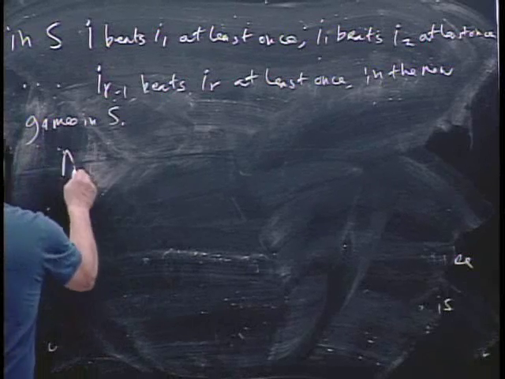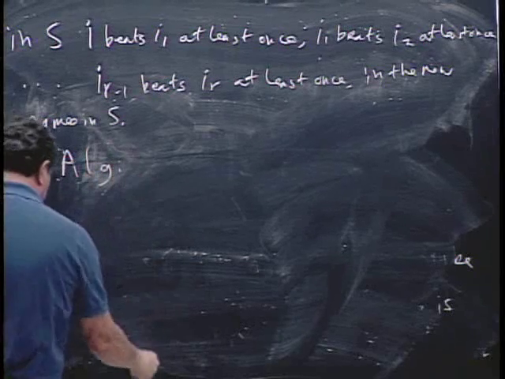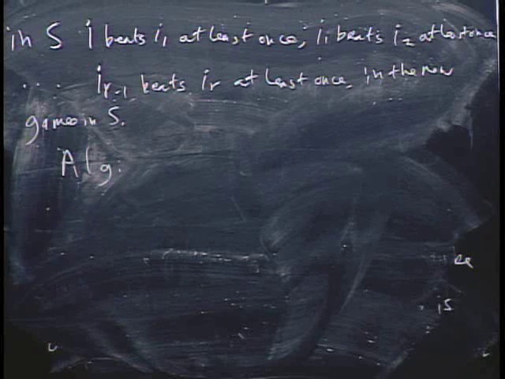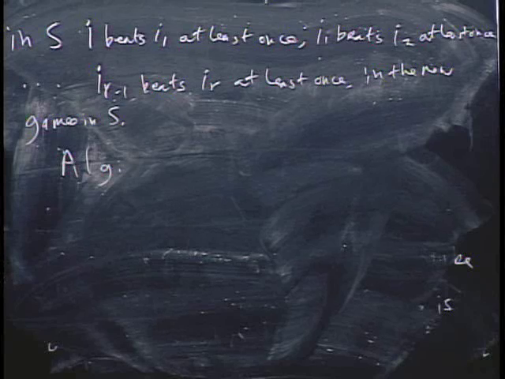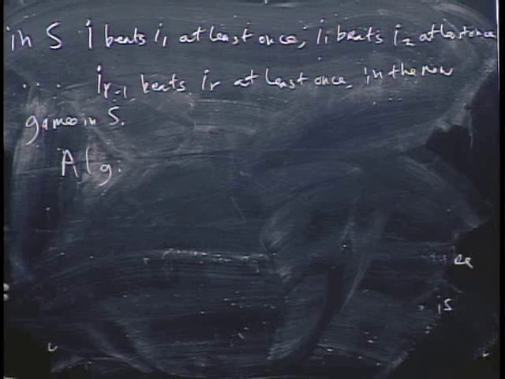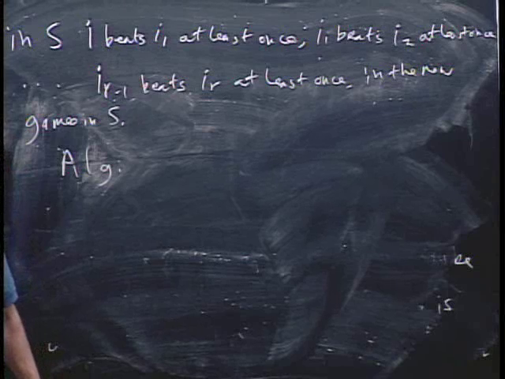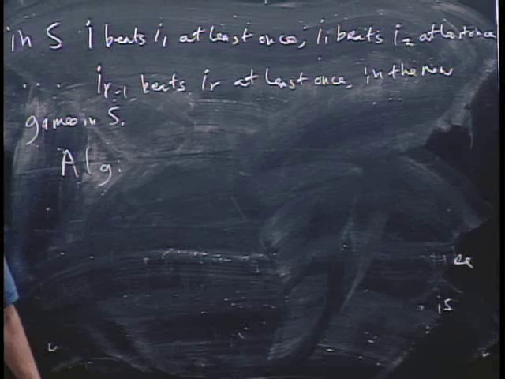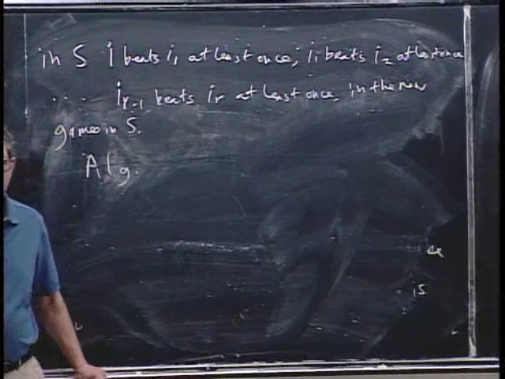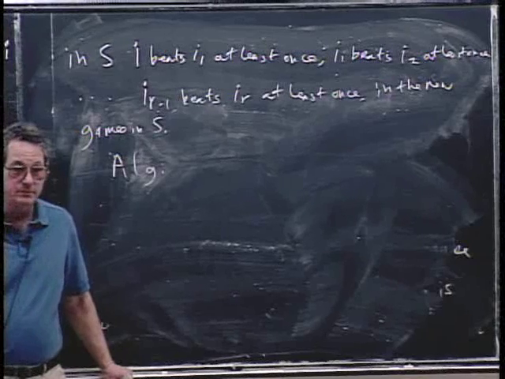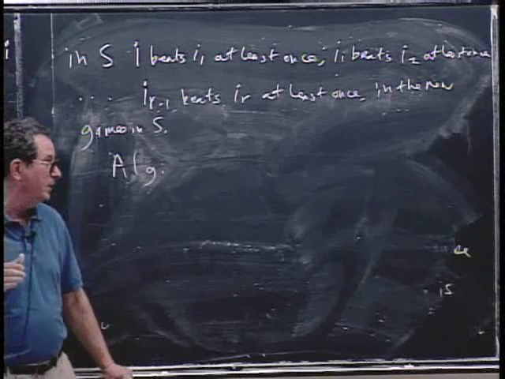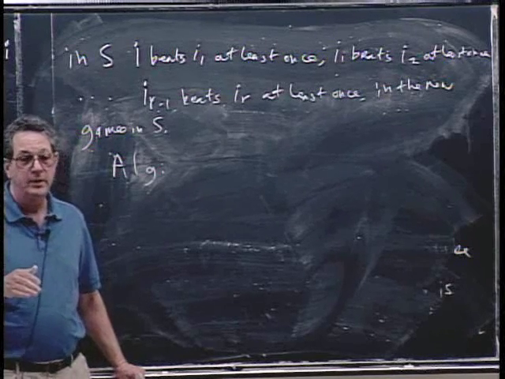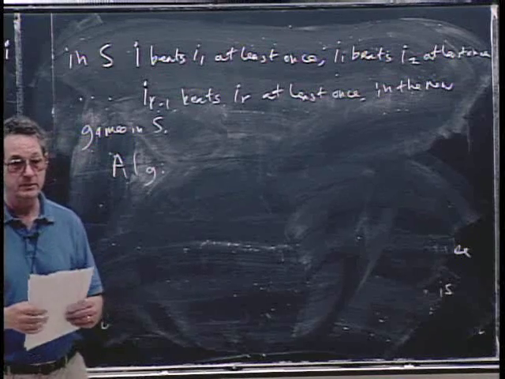So here's the algorithm. Remember, what are we trying to prove? Look at the big picture again. We're in the case where we have teams Wi, which equal W star. So in particular, let's say Wi equals W star. We know that there's a scenario where team I is the undisputed winner or can tie, but we don't know if there's a scenario where team I is the undisputed winner.